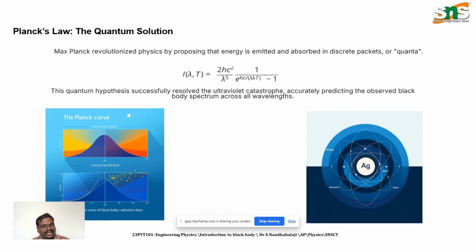I(λ, T) = 2hc²/λ⁵ × 1/(e^(hc/λkT) − 1). This quantum hypothesis successfully resolved the ultraviolet catastrophe, accurately predicting the observed blackbody spectrum across all wavelengths.